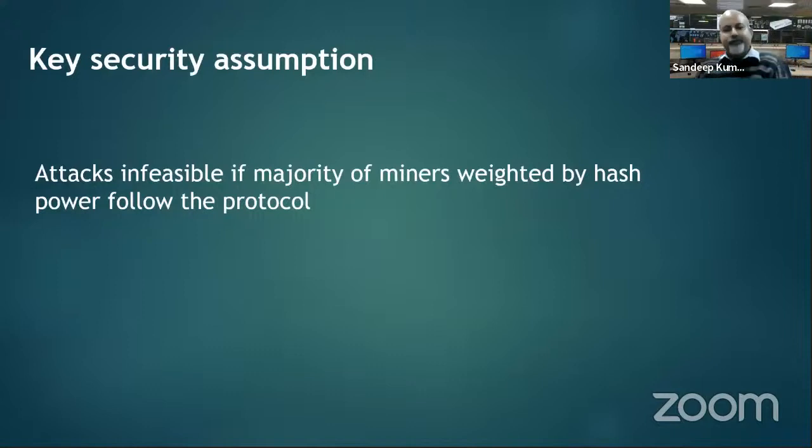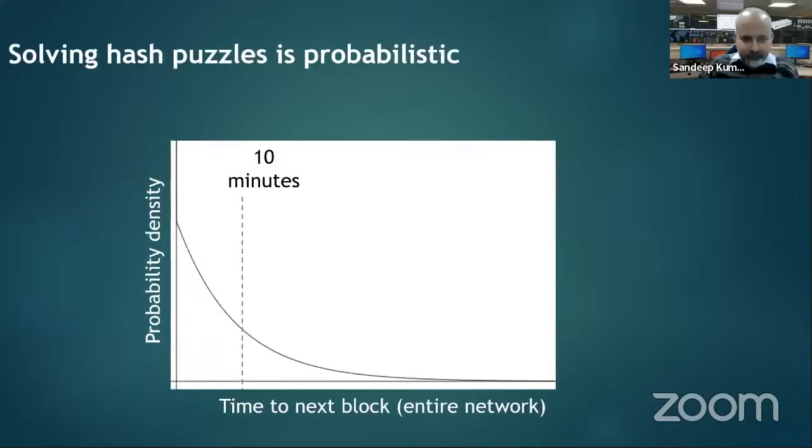And there was always a fear that the Chinese government might decide to consolidate all these mining companies, and then they will have more than 51% power. And when they have more than 51% power, they can completely change the Bitcoin's history and everything. But fortunately, that never happened. But that kind of risk is always there. So there is an assumption that 51% are honest.